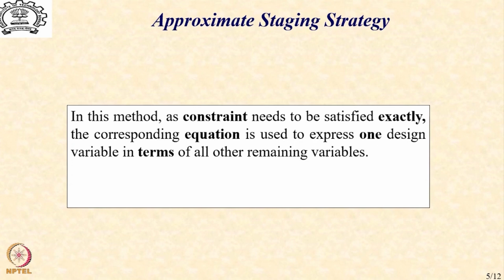Now, in order to ensure that the loss of accuracy is not excessive, we satisfy the constraint exactly, which means that the constraint is always exactly satisfied, while one of the partial derivatives is probably only approximately satisfied.